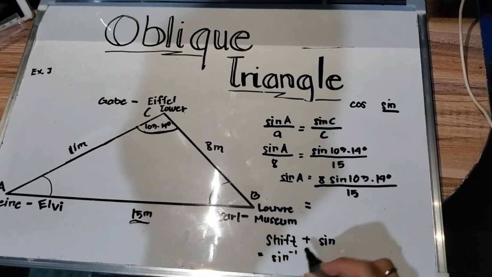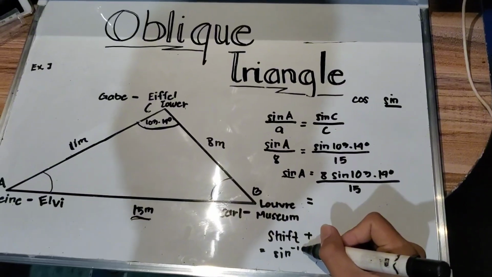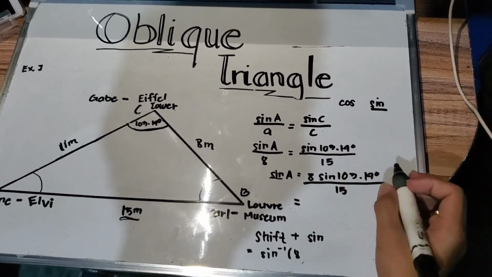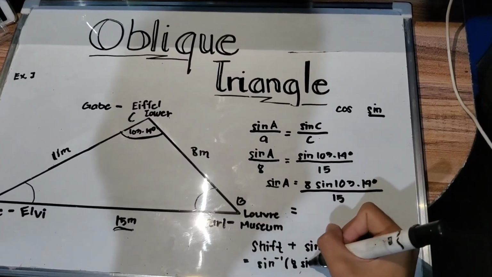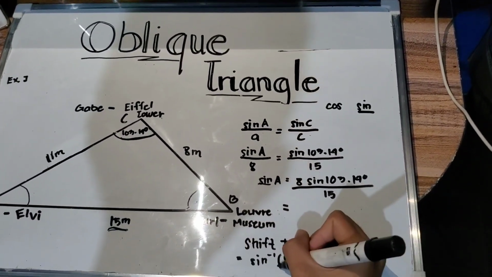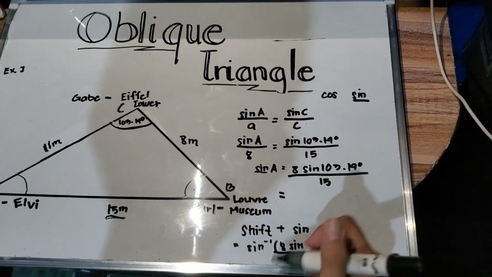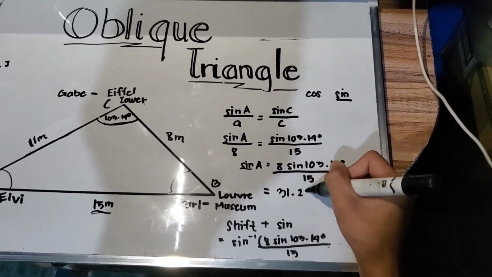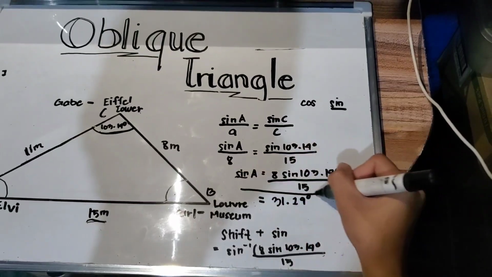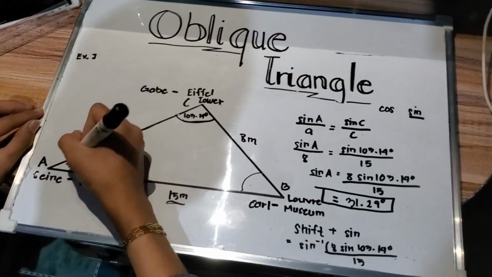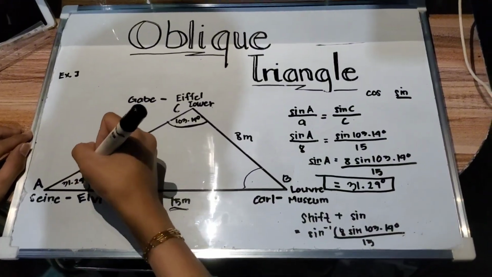When sine negative 1 shows up on your calculator screen, put in 8 times sine 103.14 degrees all over 15. It will result in 31.29 degrees, and this is the value of our angle A.